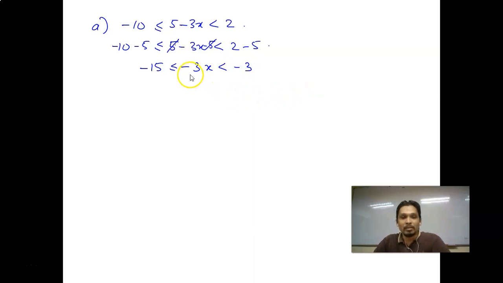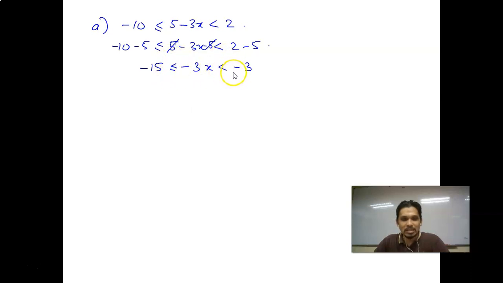And we divide by negative 3. Please remember, if we divide by negative 3, it will change every single sign that we have here.